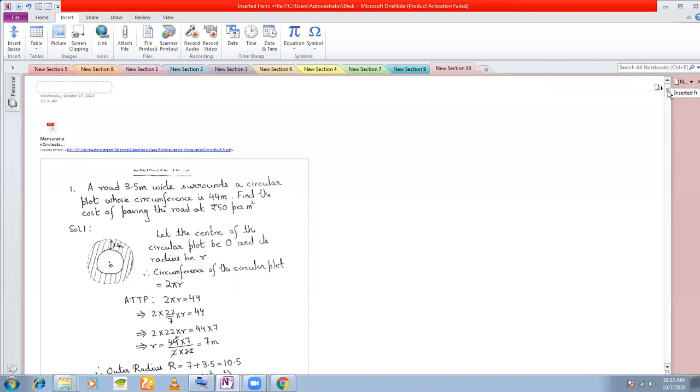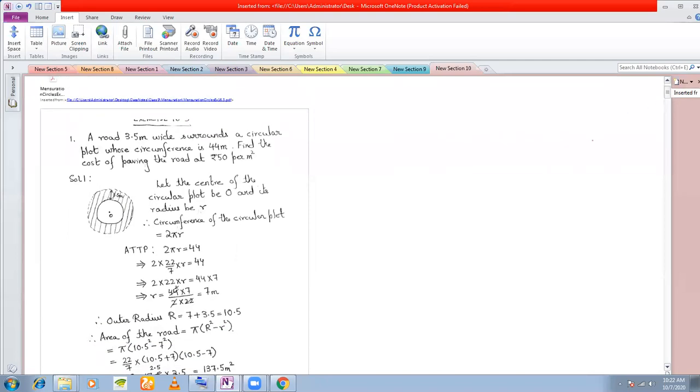Let us see the first problem from the exercise. A road 3.5 meter wide surrounds a circular plot whose circumference is 44 meter. Find the cost of paving the road at 50 per meter square.